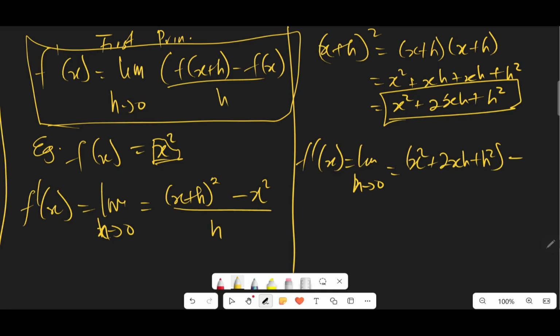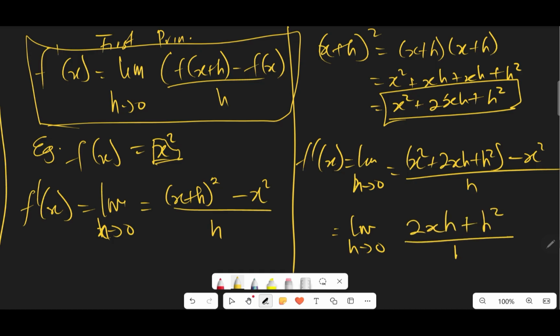Now we continue with minus x squared all over h. Still the limit as h approaches 0. If we open, x squared minus x squared gives us 0. So we get 2xh plus h squared all over h.